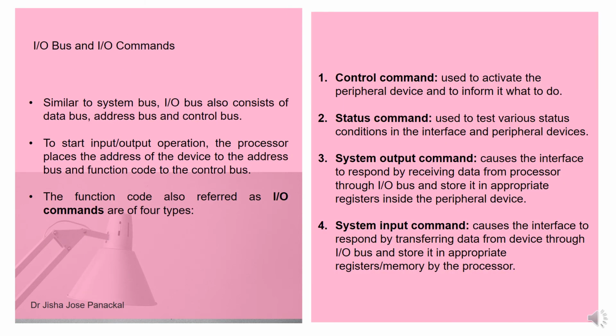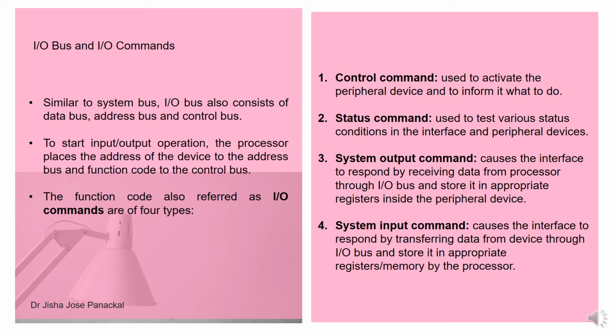Now let us see what an I/O bus is. It is similar to the system bus. The I/O bus also consists of a data bus, address bus and control bus. To start an input-output operation, the processor places the address of the device on the address bus and the function code on the control bus. The function code is also known as I/O commands. We may have four types of I/O commands: control command, status command, system output command and system input command. The control command is used to activate the peripheral device and to inform it what to do.